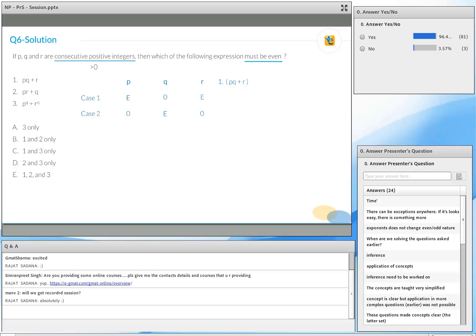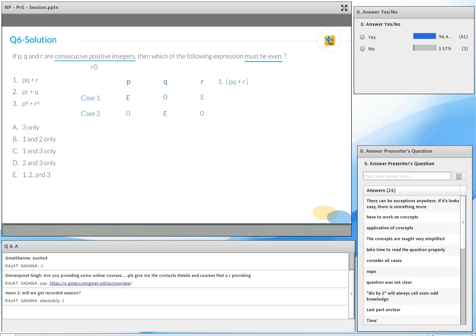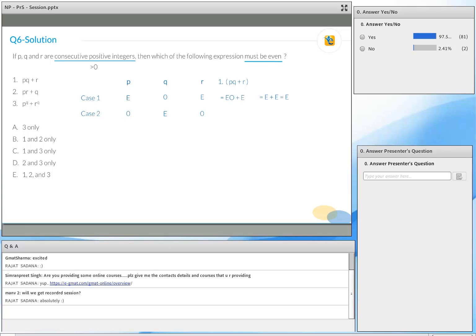Now what we do is, for each of the expressions, we take up each case one by one and figure out the even-odd nature of the expression. I won't go into the details of that processing. For the first expression, it could be either even or odd depending upon whether P is even or P is odd.